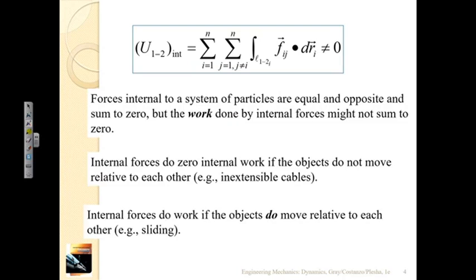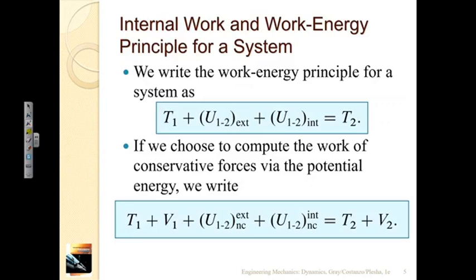So our internal work from friction, we might not necessarily have to know how far A has gone, how far B has gone, but all we need to really track is how far they move relative to each other. So we have how long is that internal friction working? And it's working on this distance, A with respect to B. So we'll do an example, hopefully that'll make that pretty clear.